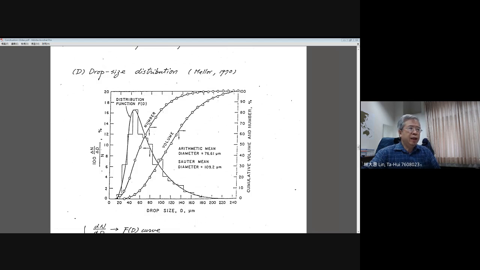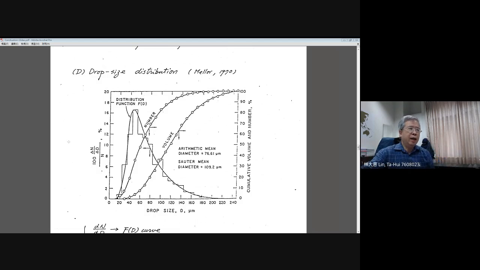Here they say delta D means the range of droplet size you measure, from 45 to 55, and delta N means how many droplets you have in this range. The denominator represents the total number: when you do all the measurements, you count so many droplets and find the total number.